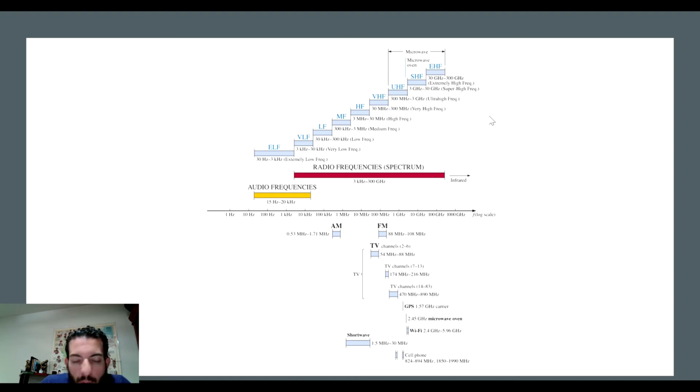And then we were further able to develop super high frequency waves that go from 3 gigahertz to 30 gigahertz, that are used for a lot of the experimental things that we do with spectroscopy. And of course we have the extremely high frequency, which is from 30 gigahertz to 300 gigahertz.